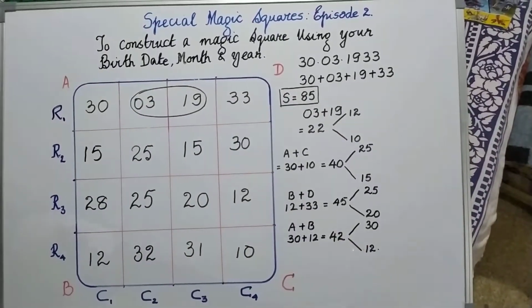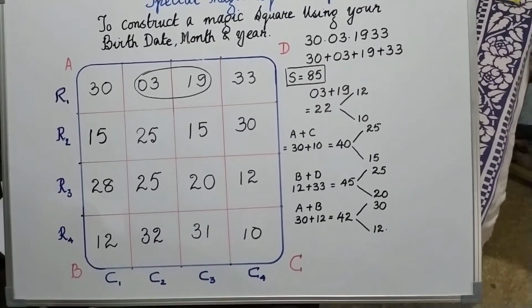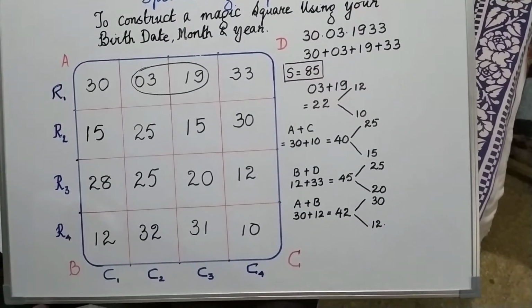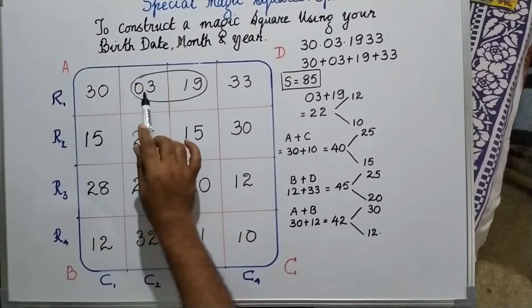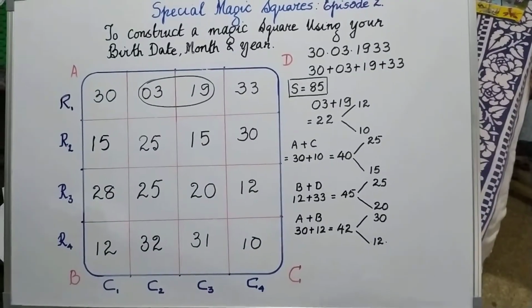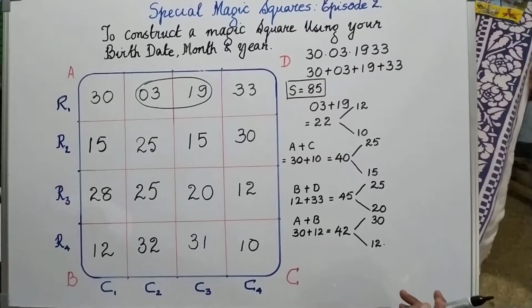We have completed the 4 by 4 magic square, which is very special because the entries that we started with are the birth dates of a special person.